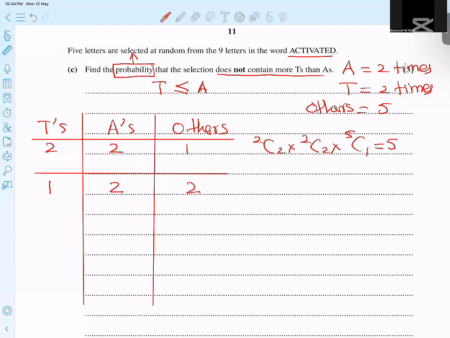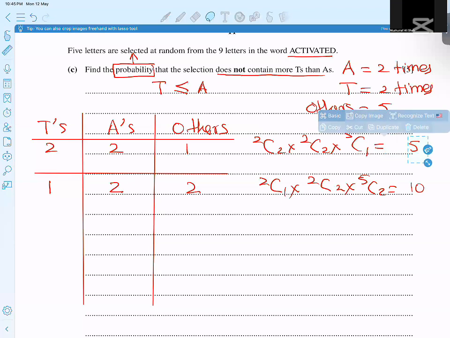How to write it now? From 2 T's, I am looking for 1 only, so 2C1. And from the 2 A's I am taking both, so 2C2. And from the other 5, I need 2, so 5C2. 5C2 is 10. This is 1 and this is 2, so 2 times 10 is 20, my answer for option number 2.